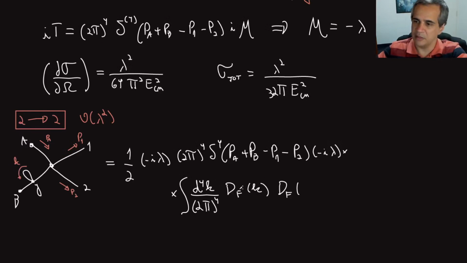That's why I have this integral over k and propagator for k. I have pB going here, right? And I have this, what I call p prime. But by momentum conservation, p prime is pB, right? So I'm writing just the propagator of pB here.